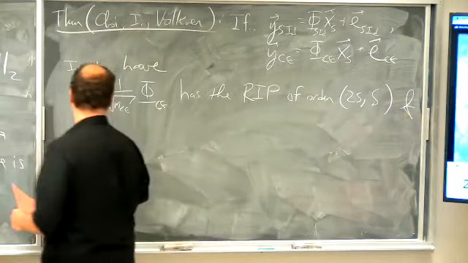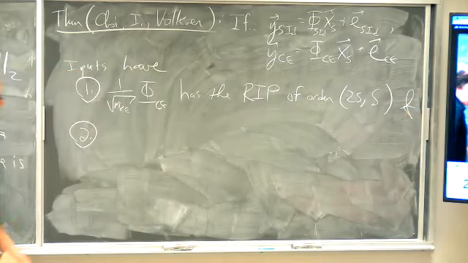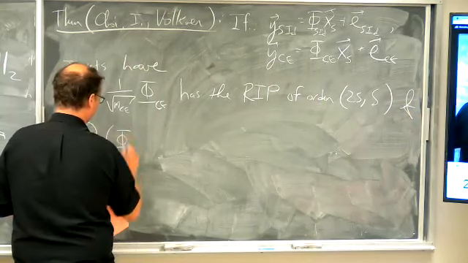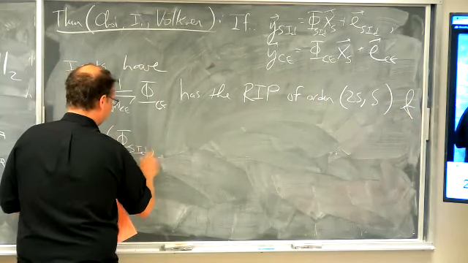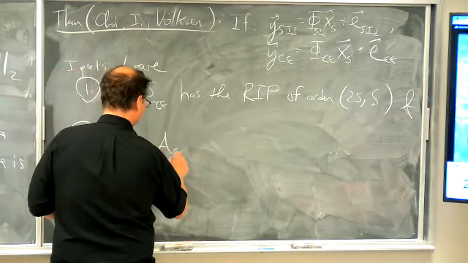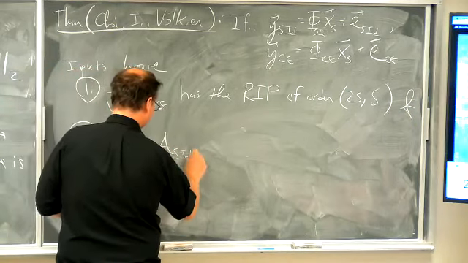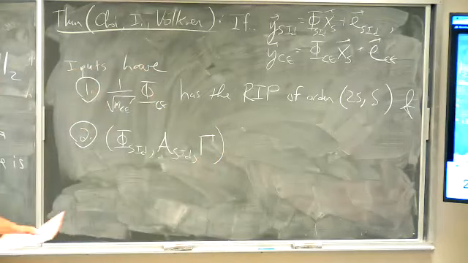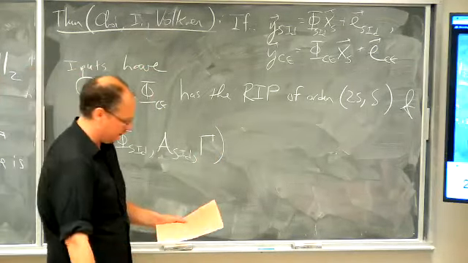And what else do we need? We need that our support identification algorithm and the associated measurements we use for it should just be a SIP triple of order 2S beta.